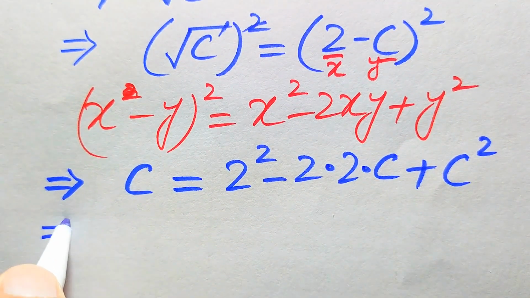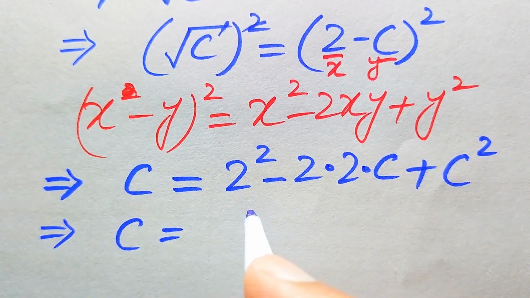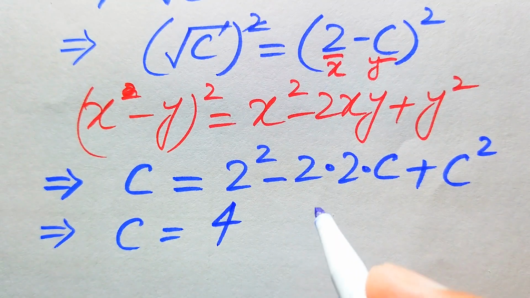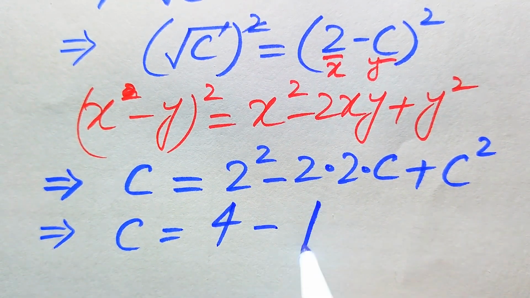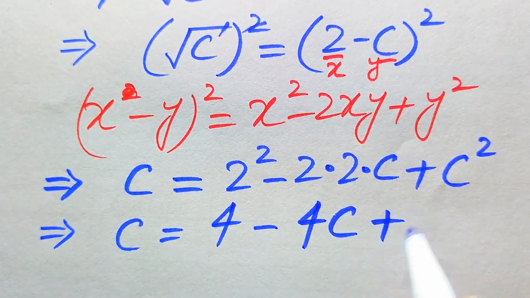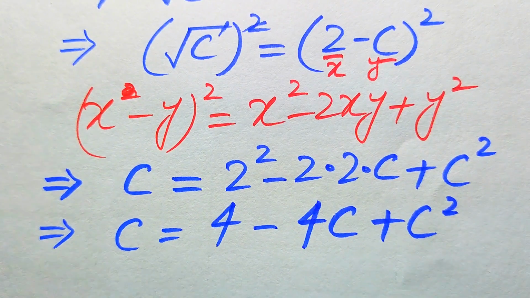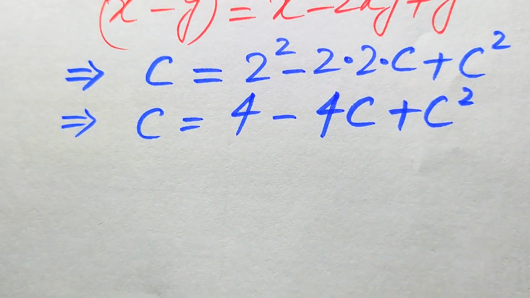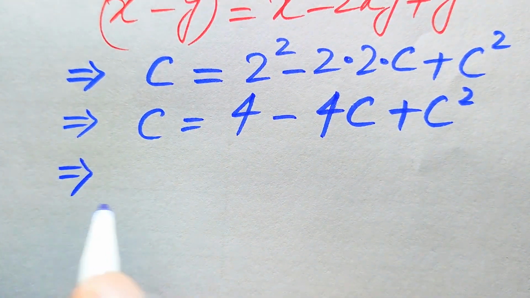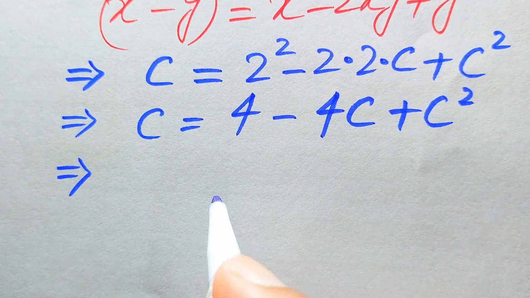So further we have c is equals to 2 square, and 2 square equals 4, and minus 2 times 2 becomes 4c, plus c square. So now in the next step we need more simplifications to solve this problem for the values of c.